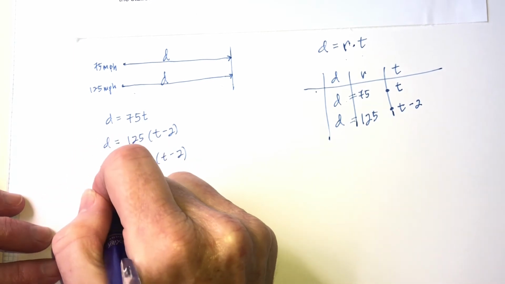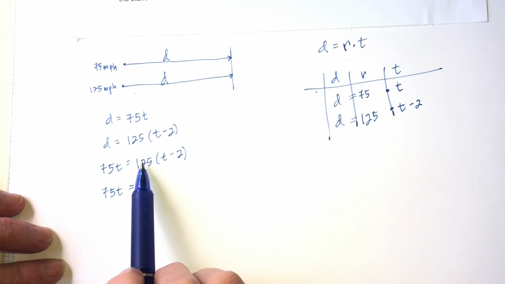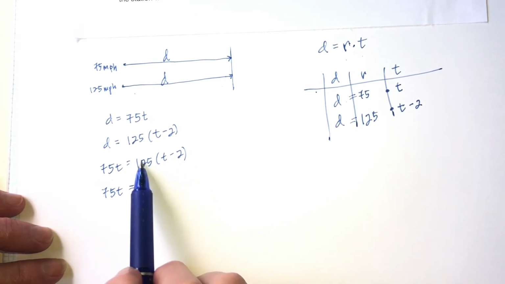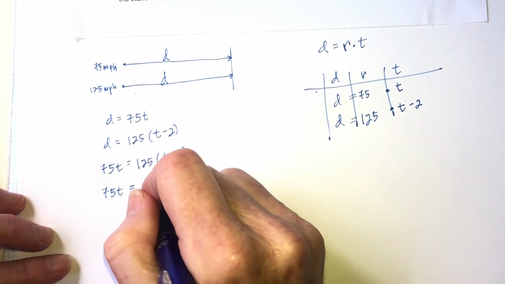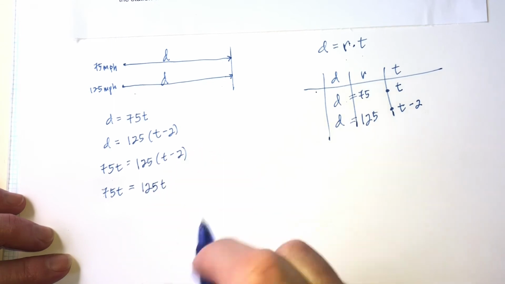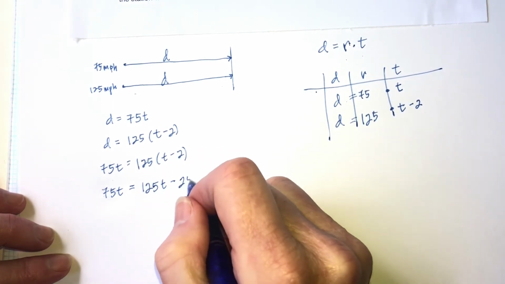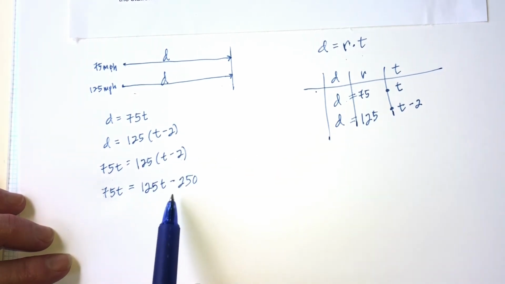So on this side we have 75t, and then equals. Now here we're going to distribute this 125 over the quantity t minus 2, meaning we're just going to multiply it by each item in there. So we'll get 125t minus 250, which comes from the 125 times that negative 2.